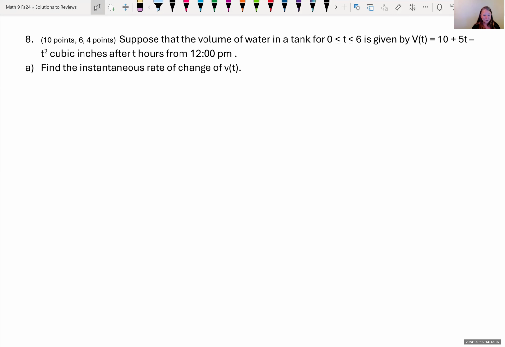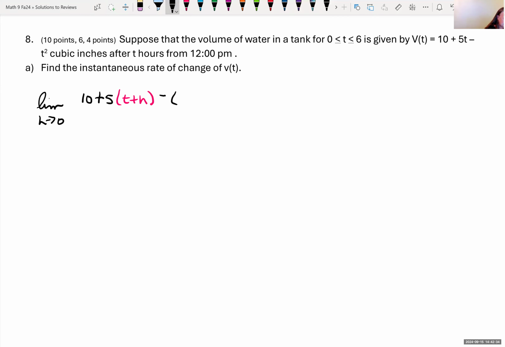So again, we haven't learned the shortcuts on taking derivatives, so I'm going to need to use the formal definition. I'm looking at the limit as h is approaching 0 of V of t plus h. So plugging in t plus h wherever I see a t in my V of t function. I have 10 plus 5, I see a t, so plug in t plus h.